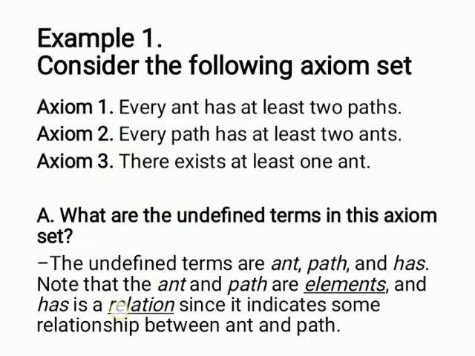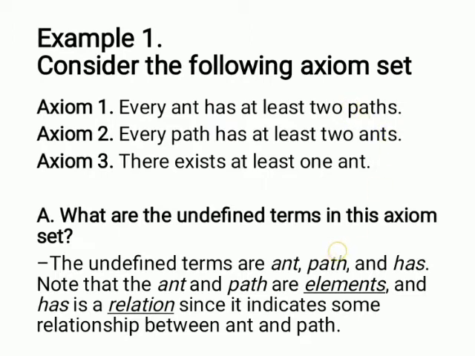So, the undefined terms are the ant, path, and has. Note that the ant and path are elements and has is a relation since it indicates some relationship between ant and the path. So, bali, meron tayong dalawang elements which is ant and the path.